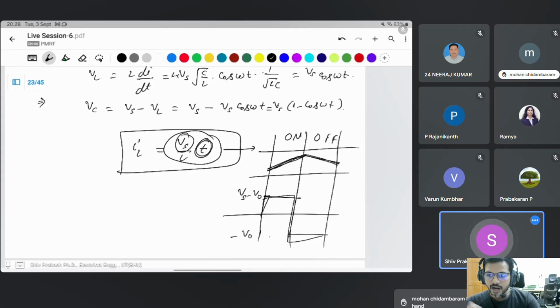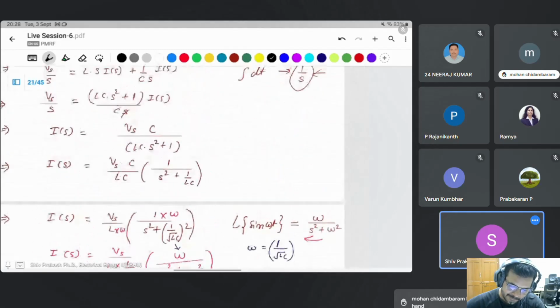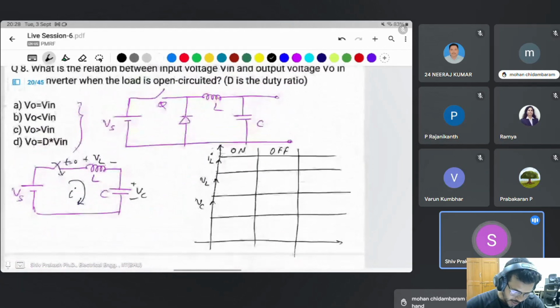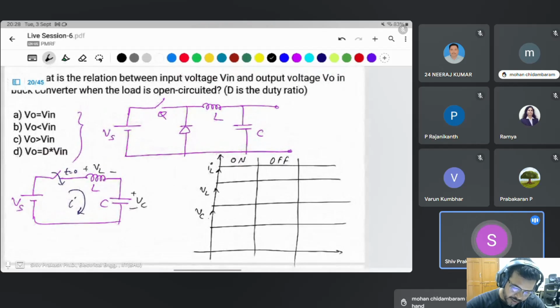Taking the high frequency rate, here in the buck converter, what happens if the switch is on?